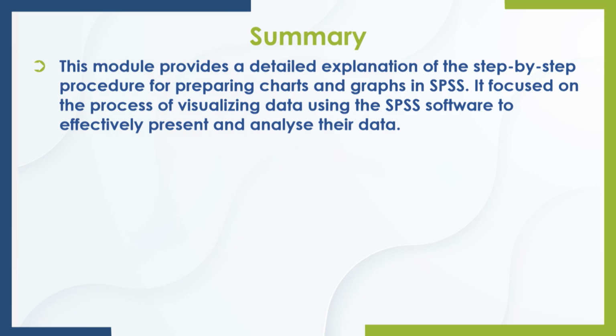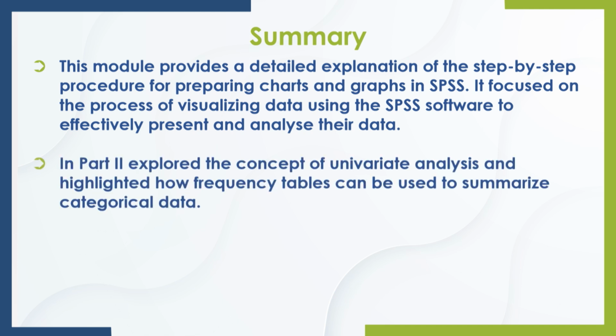Dear students, let us summarize what we have learned in this lesson. This module provides a detailed explanation of the step-by-step procedure for preparing charts and graphs in SPSS. It focused on the process of visualizing data using SPSS software to effectively present and analyze the data.